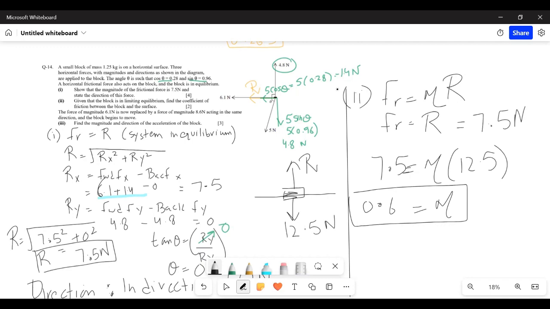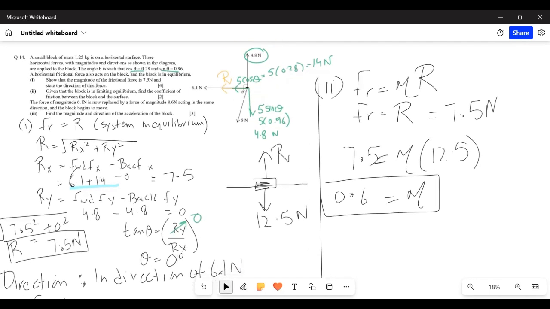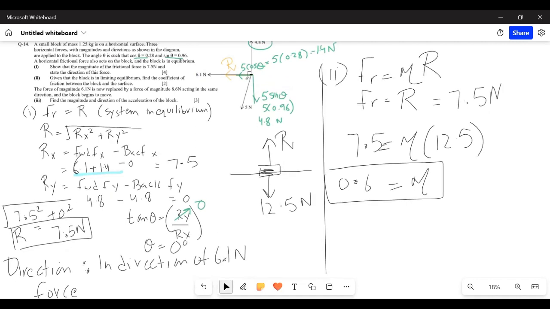अच्छा जी. The force of magnitude 6.1 Newton is now replaced by a force of magnitude 8.6 Newtons acting in the same direction, and the block begins to move. Find the magnitude of the acceleration of the block. Okay. So now the 6.1 Newton force is changing and it's becoming bigger.